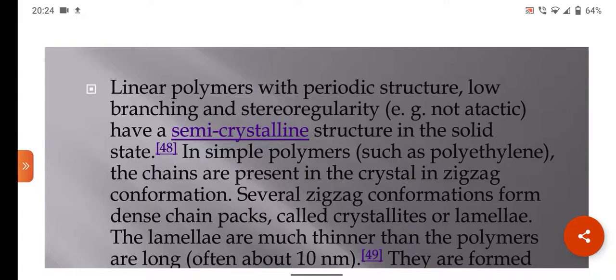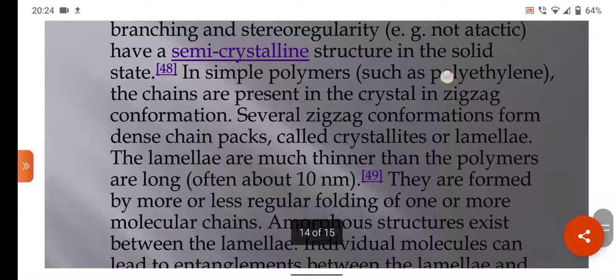Several zigzag conformations form dense chain packs called crystallites or lamellae. The lamellae are much thinner than the polymers are long, often about 10 nm. They are formed by more or less regular folding of one or more molecular chains. Amorphous structures exist between the lamellae.